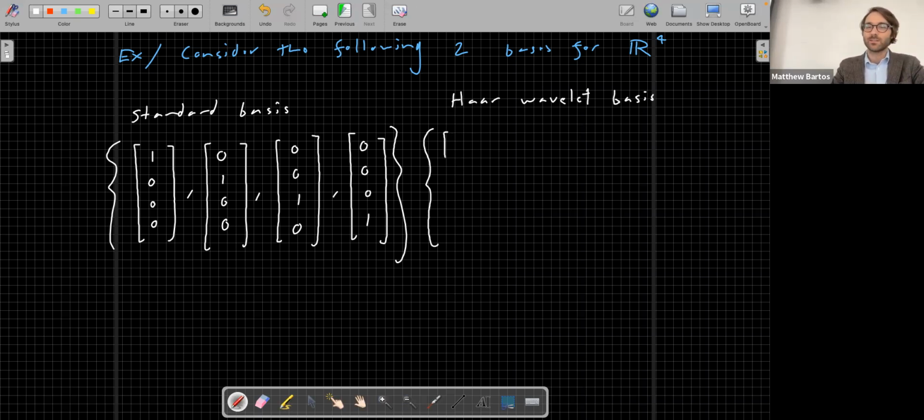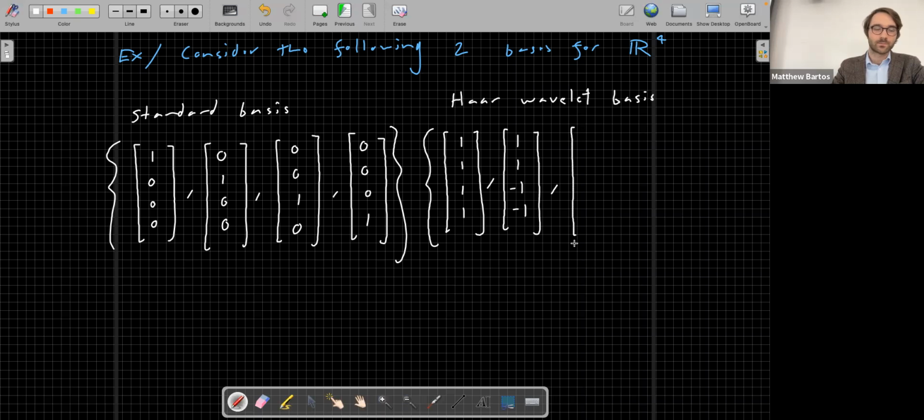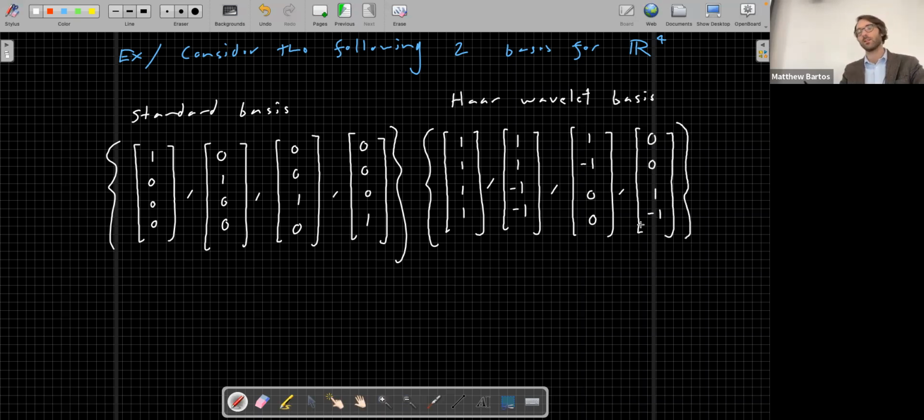Our basis elements are (1, 1, 1, 1), (1, 1, -1, -1), (1, -1, 0, 0), and (0, 0, 1, -1). And you can verify that this is a basis. All of these vectors are linearly independent and they span R4. So you can reach any vector in R4 by scaling these and adding them together.